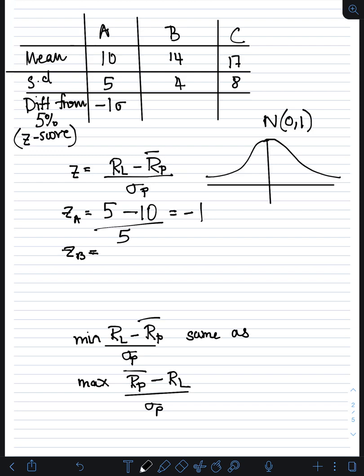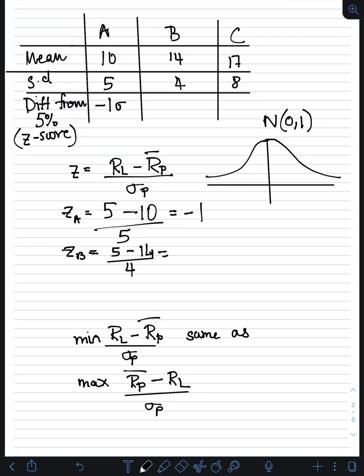Now for ZB, our RL is still 5. That hasn't changed. We do not want to go below 5%, but our expected return has changed. What's our expected return now? It's 14. So 5 minus 14, divided by a standard deviation of 4.